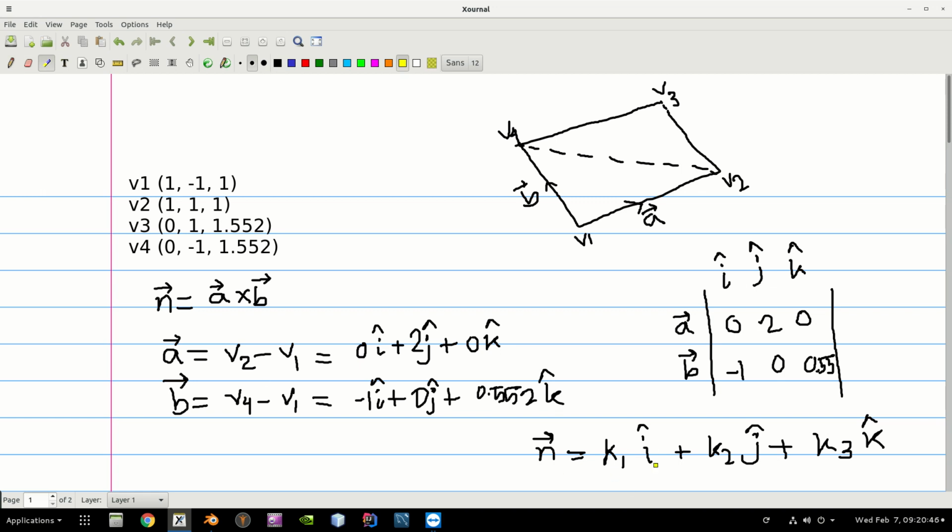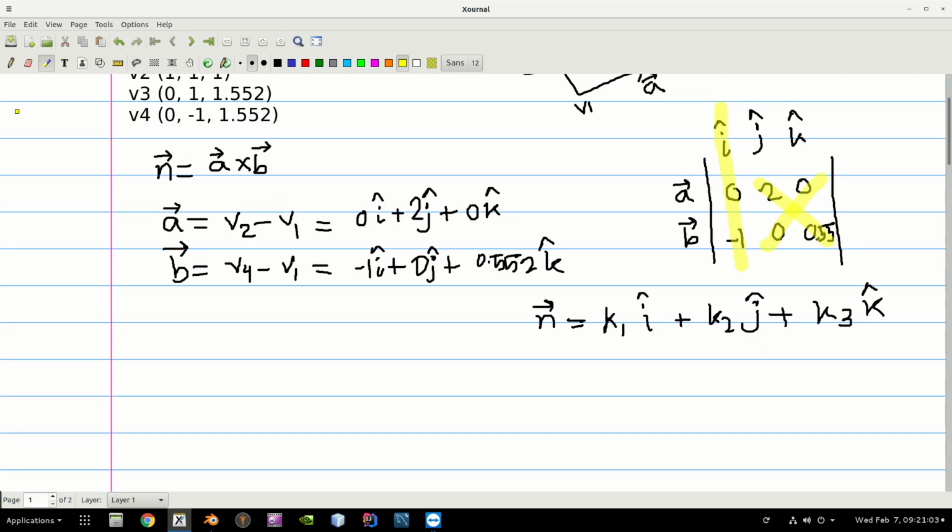In order to find the coefficient k1 for I hat, we have to freeze this column I. Then we multiply 2 with 0.552, and we subtract the multiplication of 0 and 0. We have done this before, right? So k1 is going to be 2 into 0.552 minus 0 into 0, which is nothing but 0.